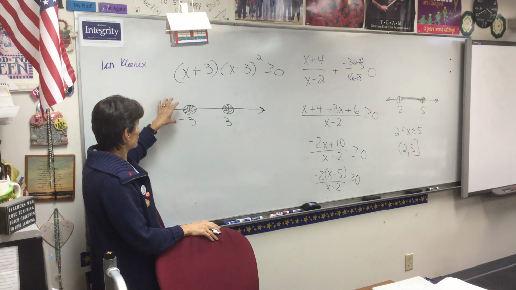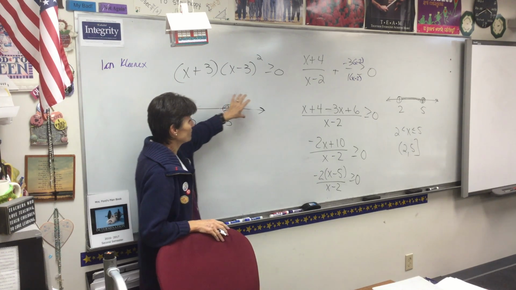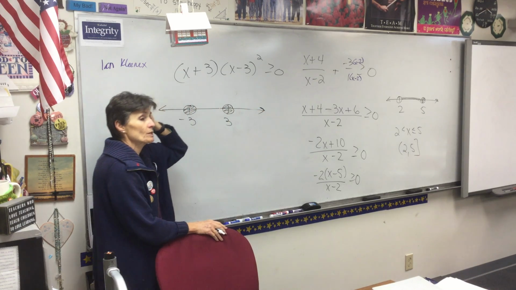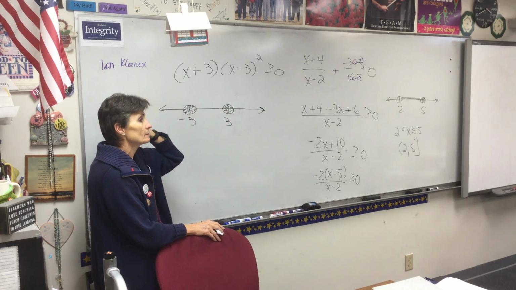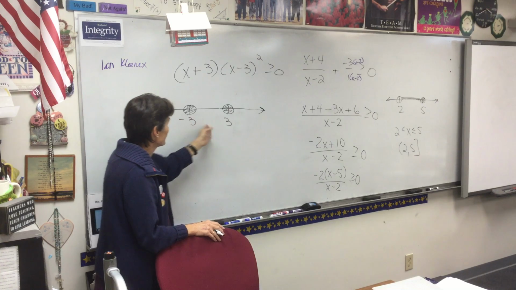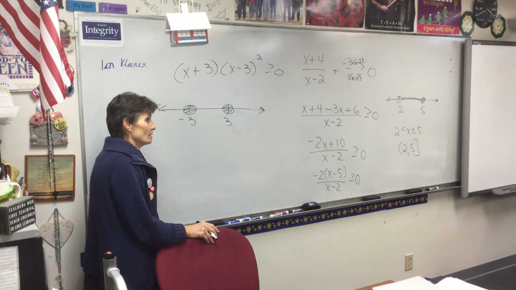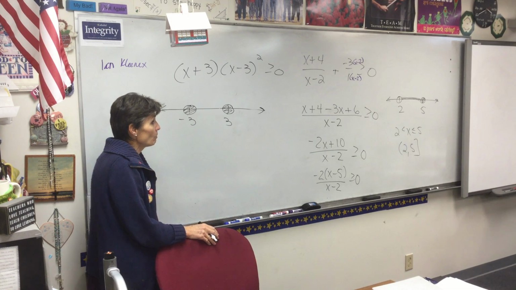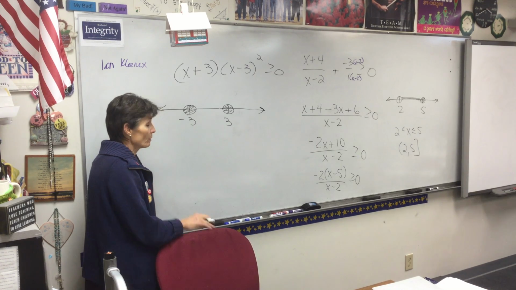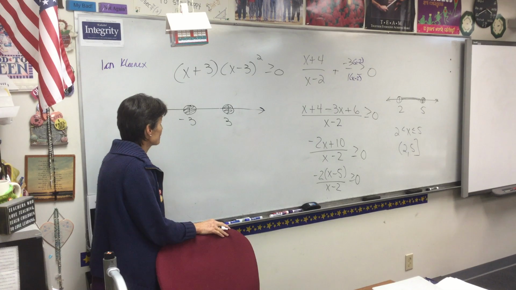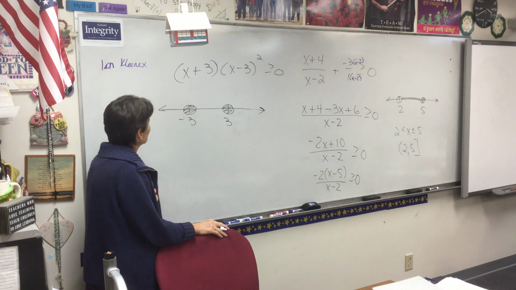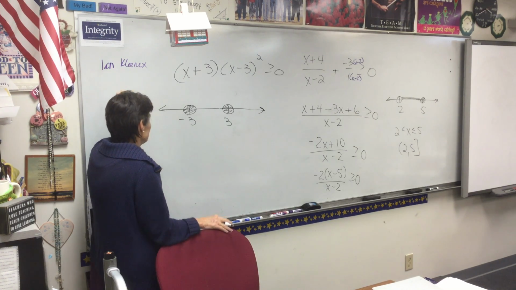But now you need to check here, here, and here. So we're going to check all the way across every section. Because it's possible that we'll shade 2 in a row, or we won't shade 2 in a row, or we'll shade anything. It's possible. All right. Pick a number out of here. Negative 4.